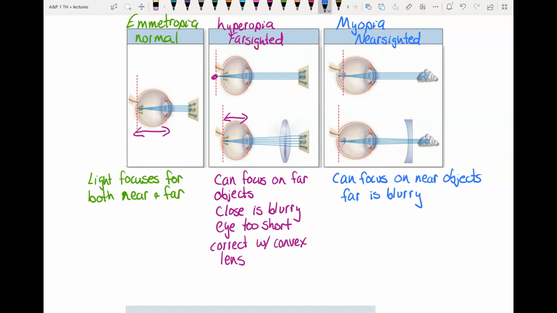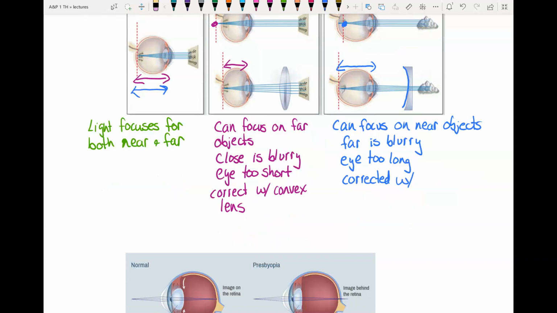So compare this eyeball, look at its size here, compared to the normal one again. This time the eyeball is too long. And so when you look at a distant object, the focal point is where it would be if the eye were the right shape. But since the eye is too long, the light focuses before it hits the retina. This is corrected with a concave lens.